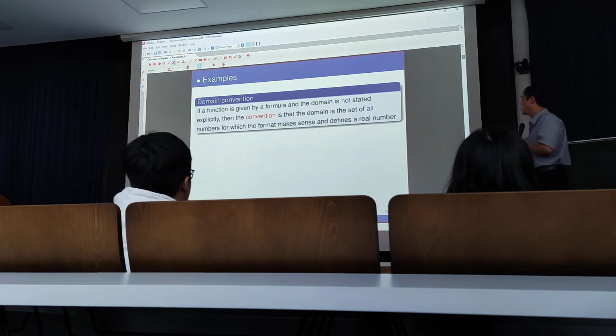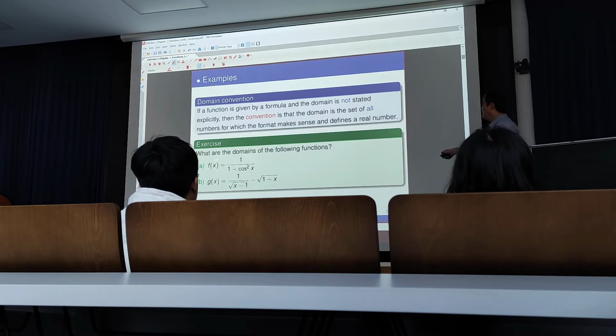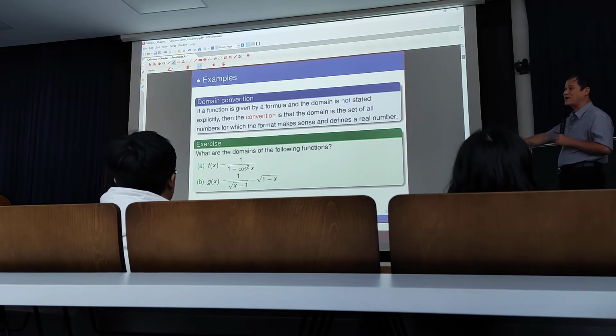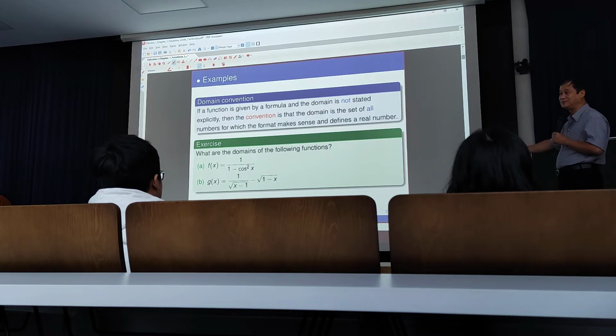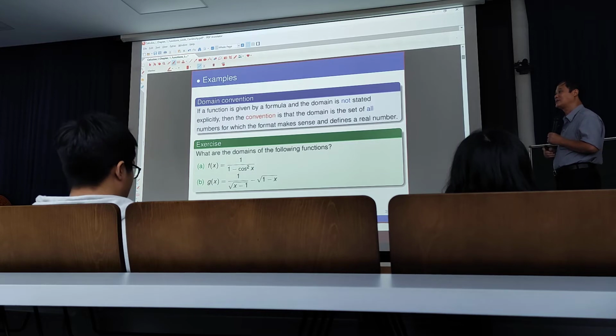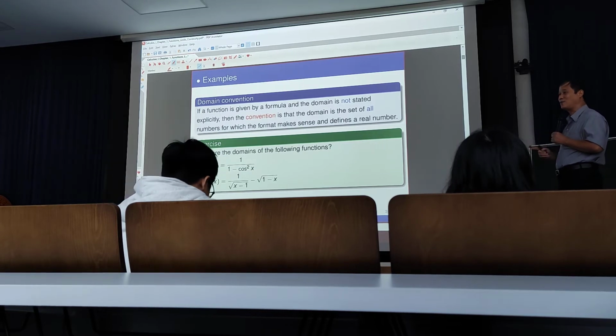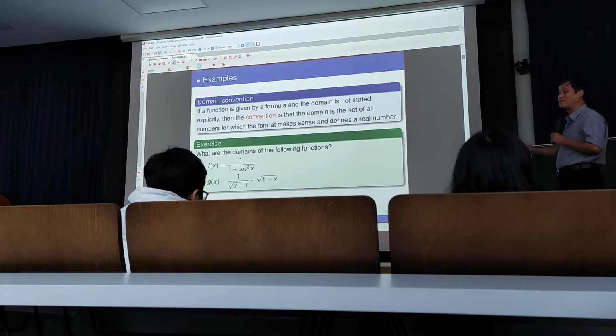So, for example, look at that. We write two functions and do not write what the domain is. You have to do this. First, I'm sure that in your high school, your teachers say the first line when you have a function is the domain of definition.